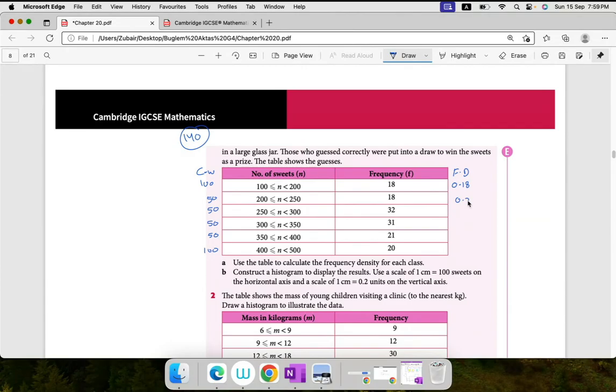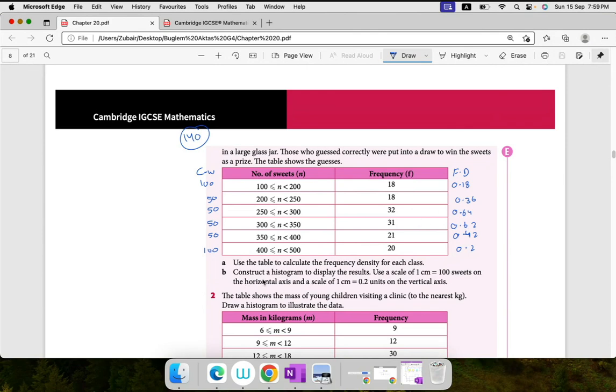This is 0.36. 32 by 50 is 0.64. 31 by 50 is 0.62. 21 by 50 is 0.42. And the last one, 20 by 100, is 0.2.